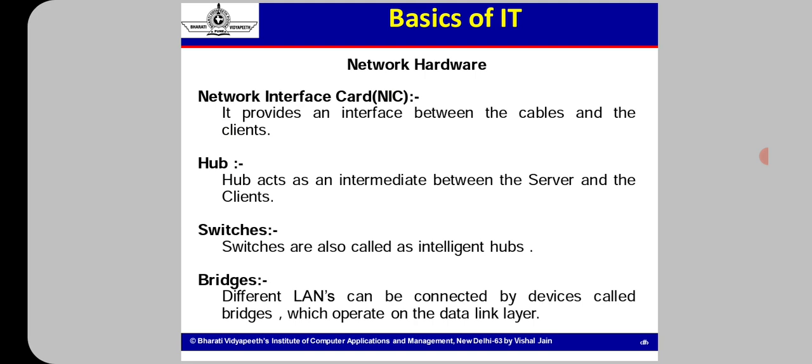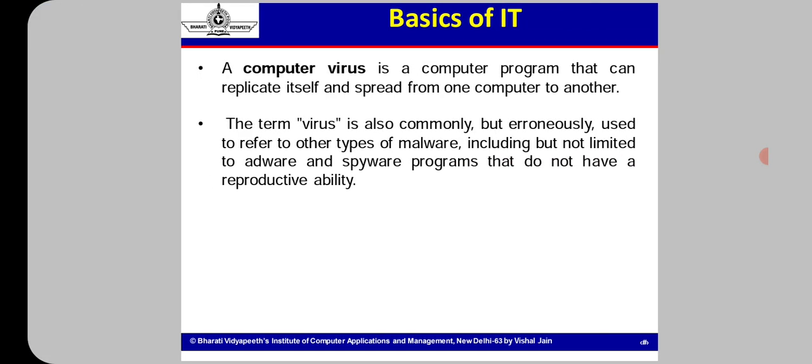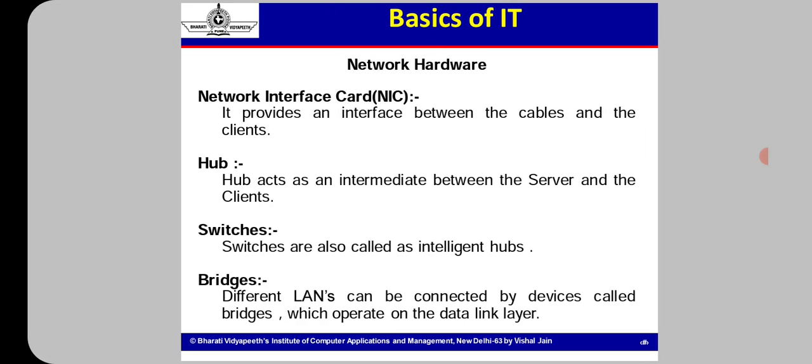First is the network interface card, or NIC, also called a network card. Second is hubs. Third is switches. Fourth is bridges. These are the different types of network hardware used in a network.